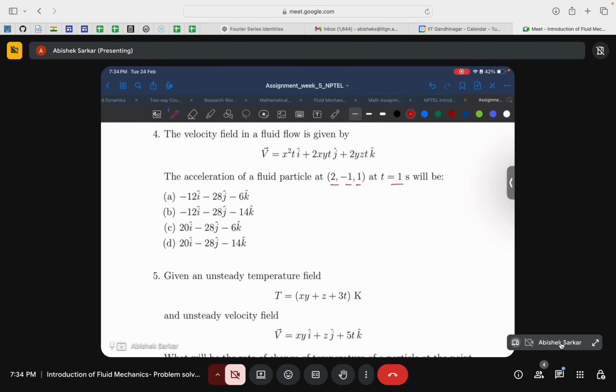Okay, so it's a very easy question, not difficult at all. Difficulty comes in the length of the problem. It's a bit lengthy, so you need to find ax, ay and az separately, and then give me the final acceleration field, that is ax i cap plus ay j cap plus az k cap.